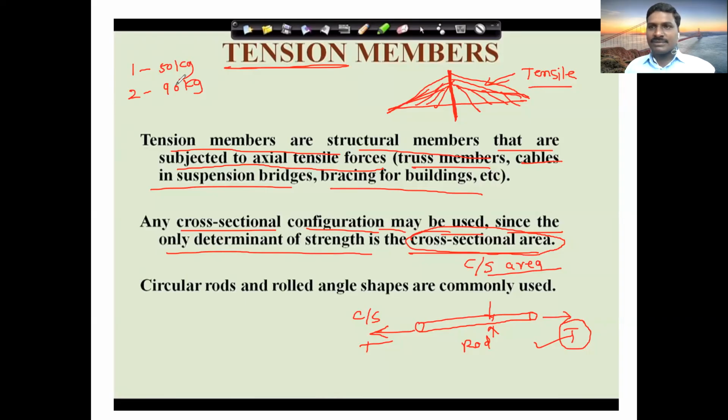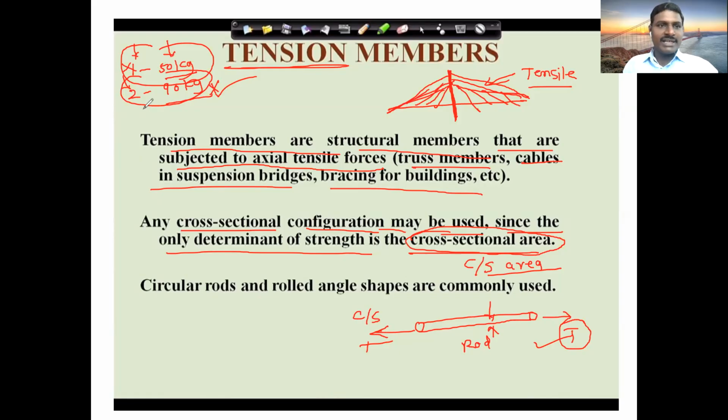Different. If we apply a load, if you give a 50 kg bag to this person and a 50 kg bag to that person, the safe handling capacity of this member and that member is different. Maybe this member cannot handle a 50 kg bag, but that member can easily handle it. So depending on your cross-sectional area, your load carrying capacity changes.